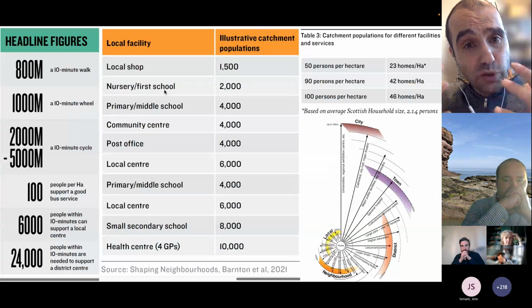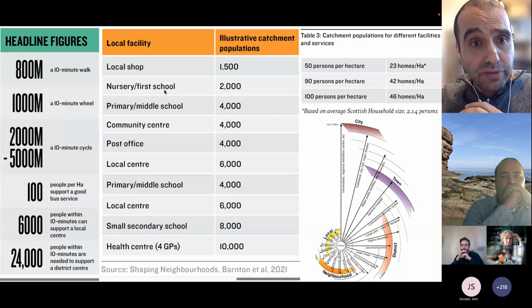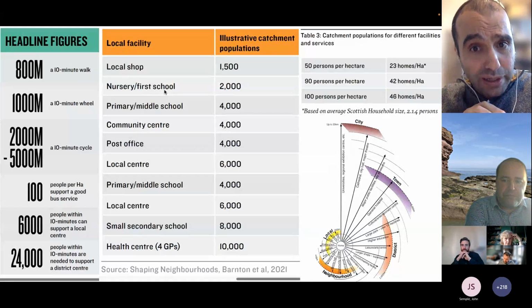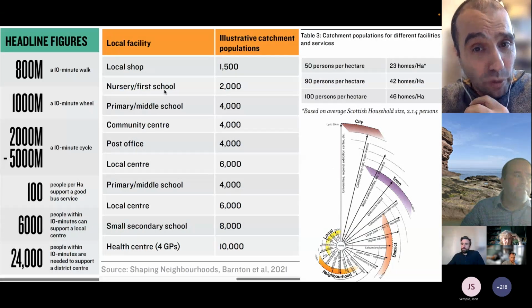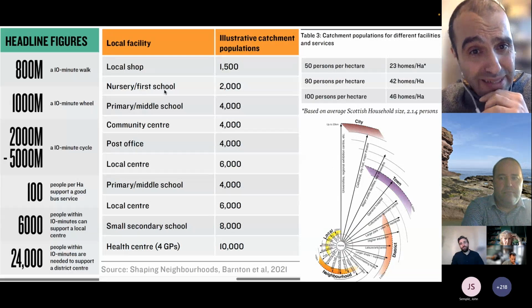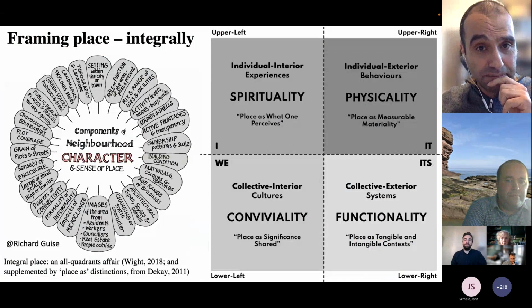And we need to connect that with the economic reality and viability. To have a viable local shop, you need a catchment area of 1,500 people. For a nursery, 2,000. For a middle school, around 4,000. For a local center, 6,000.